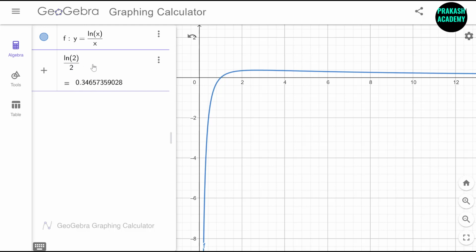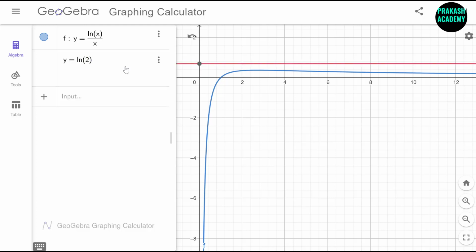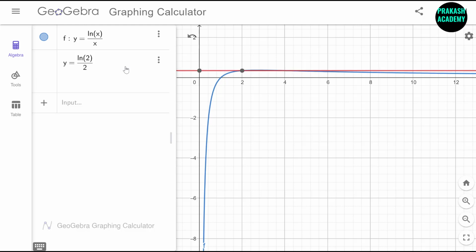So I can write y equals this function, y equals ln 2 divided by 2. So you see, this is the function in red. So that is the g(x) function we have.